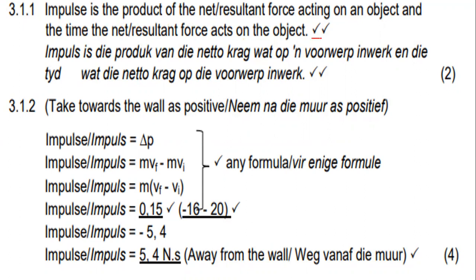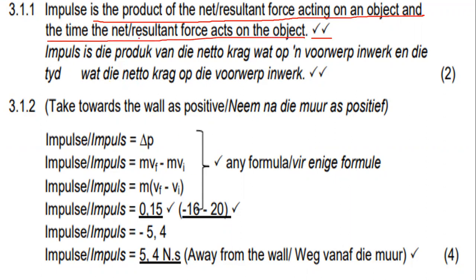Now, my dear learners, we can see there that it is 2 marks or 0. It means you can't get 1 out of 2. It's either you get all the marks or you don't get any mark. So it is 2 marks or nothing. In other words, everything there must be correct in order for you to obtain the 2 marks.